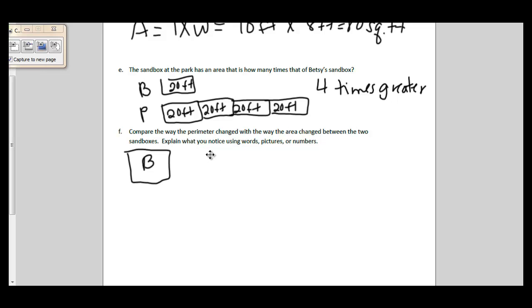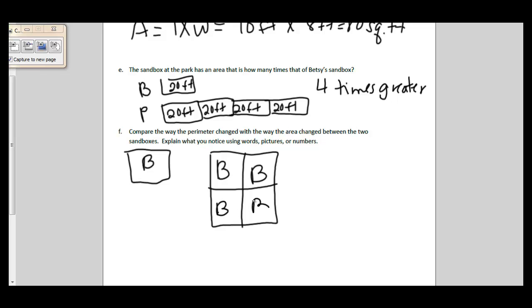And then here I have the park's sandbox. If Betsy's is 20 square feet, and this is 20, 20, 20, 20, then you could think of this as fitting 4 of Betsy's sandbox into the park sandbox.